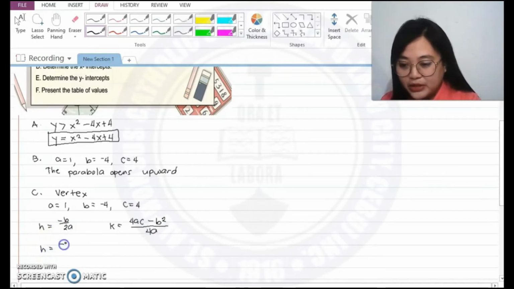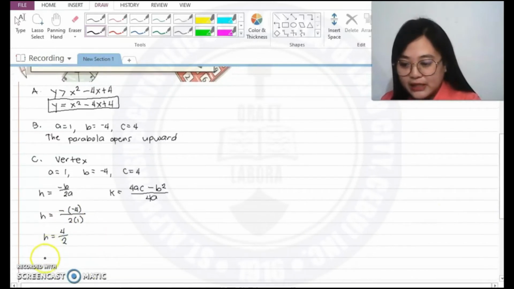So we need to substitute. h equals negative of negative 4 over 2 times 1. That's negative times negative 4, that is positive 4 over 2. 4 divided by 2, that is h equals 2. Box your answer. Next, for k, substitute 4 times 1 times 4, your c is 4, minus your b, which is negative 4, squared, all over 4 times 1.